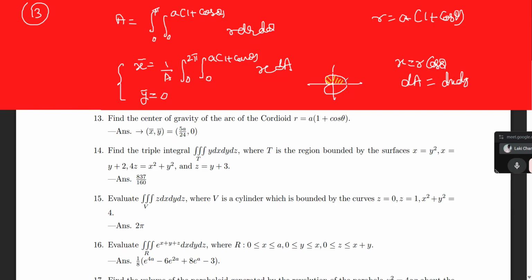Not symmetric means they are not similar. That's why you are taking directly 0 to pi. But in circle you take 0 to pi by 2 into 2. Why? Because this is symmetric. Suppose its area is a, it is also a, so 2a, right? For cardioid, always remember 0 to pi.